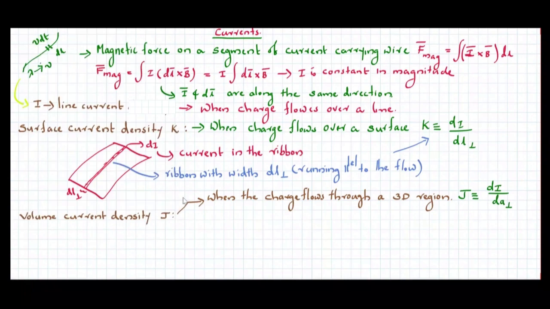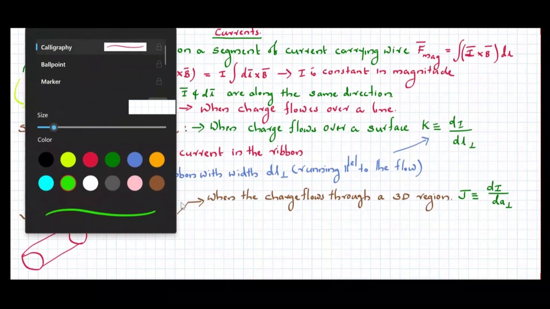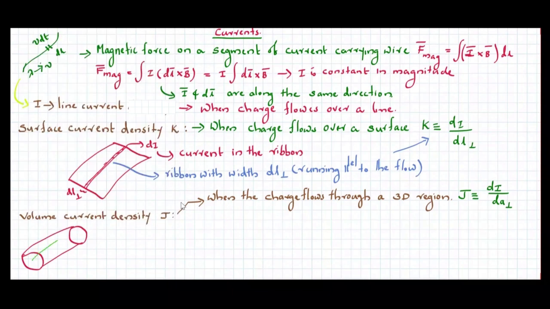Now, suppose the charge is flowing through a three-dimensional region. To define the volume current density J, consider a tube of infinitesimal cross section dA perpendicular.